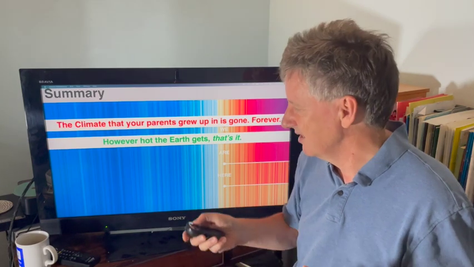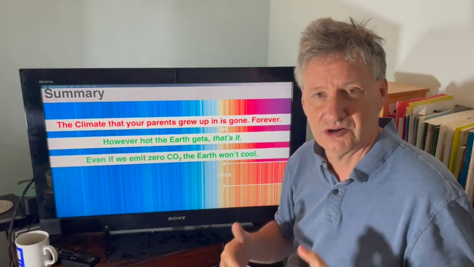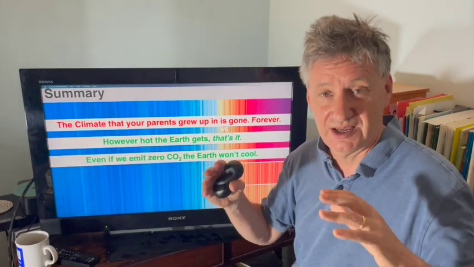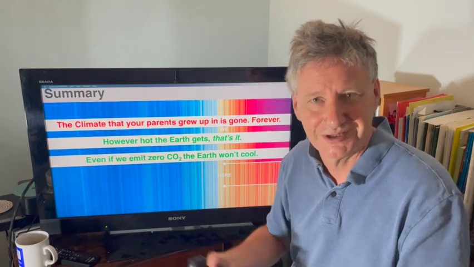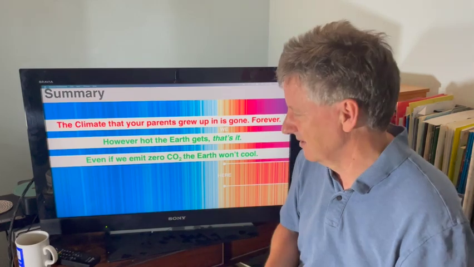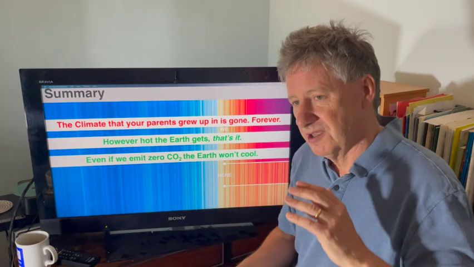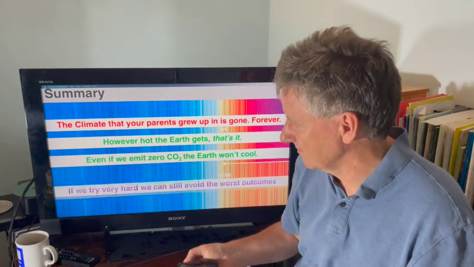That's it. Even if we emit zero carbon dioxide, the earth will not cool back to its pre-carbon dioxide level for millennia, if ever. So as hot as we make it, that's as hot as we're going to have to live with it.